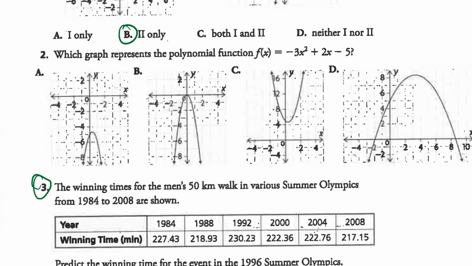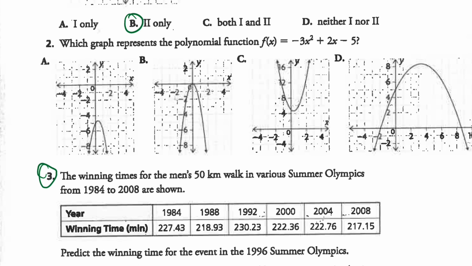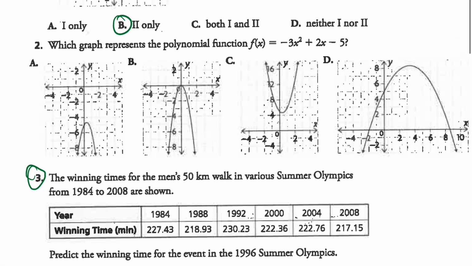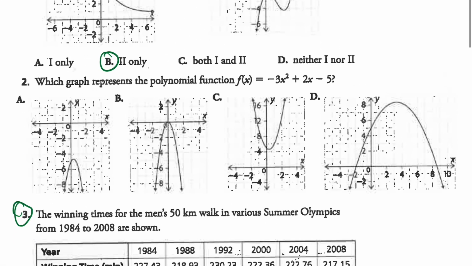Second one, which graph represents the polynomial function f of x equals negative 3x squared plus 2x minus 5? So all of these do extend both directions infinitely and are smooth continuous lines. So they are all actually polynomial functions. But instead of asking the same thing as before, this is saying which one is this specific polynomial function.